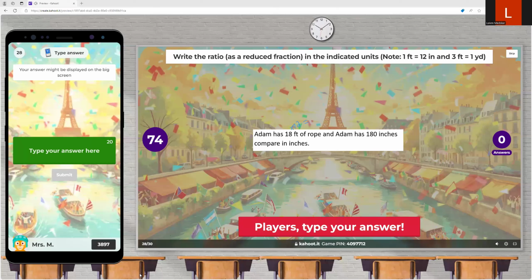So 18 times, not divided, times 12 is 216. So we have 216. So 216. Okay, so that's in inches. So 216 inches over 180 inches.